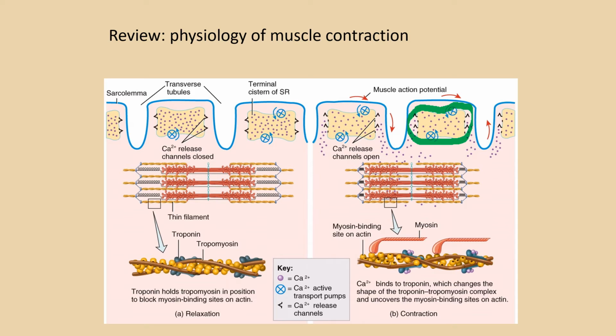And as calcium floods the cytosol, it binds to troponin, which is a protein that's part of the thin filament. When calcium's bound to the thin filament, it exposes the myosin binding site on actin, and the contraction cycle can begin. So the more calcium we have in the cytosol, the more myofibrils will engage in the contraction cycle, and the greater the force of contraction will be.